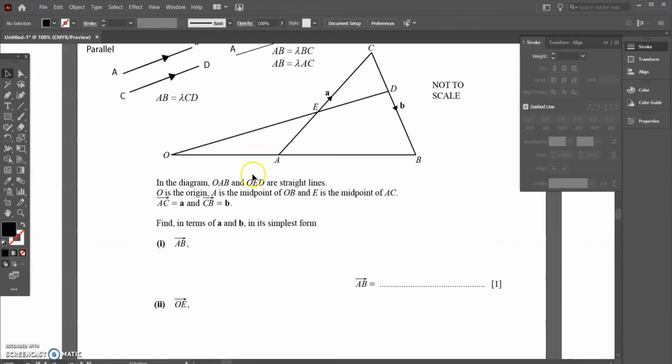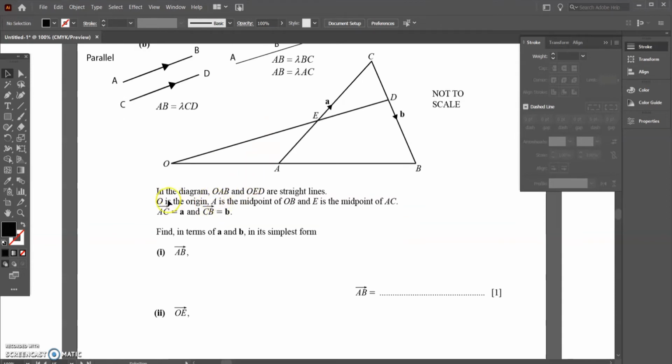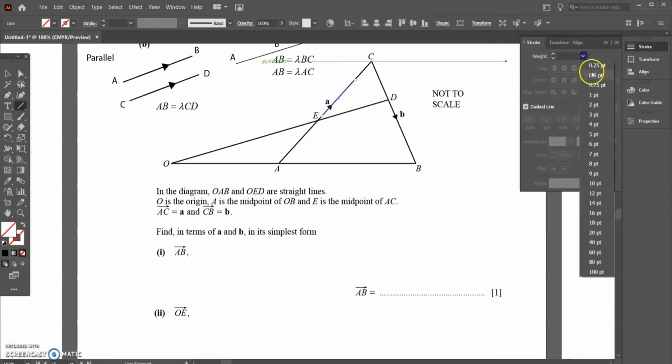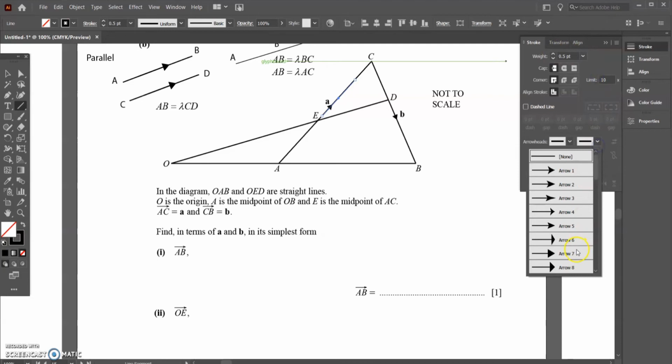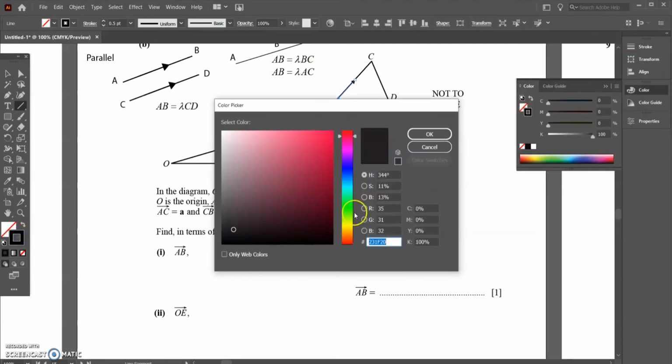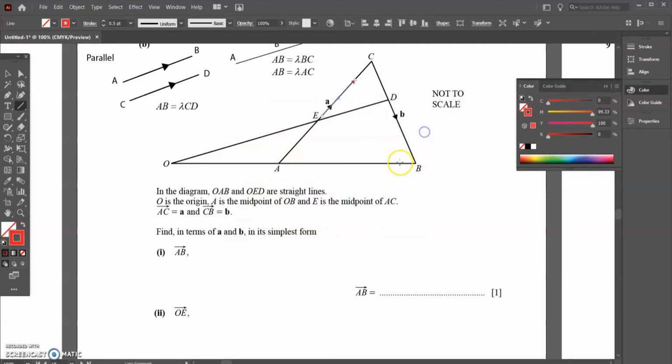Now the question says that in the diagram, the origin is O. A is the midpoint of OB, and E is the midpoint of AC. So since this is A, we see E is the midpoint. Therefore, from E to C, in this direction only, is half a.